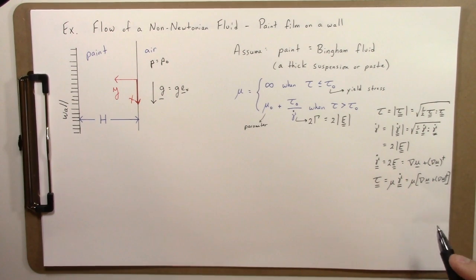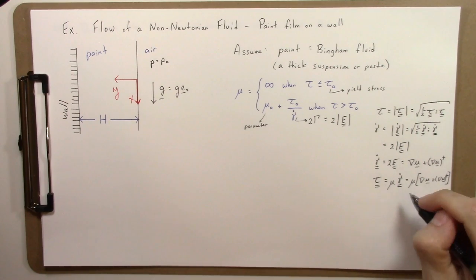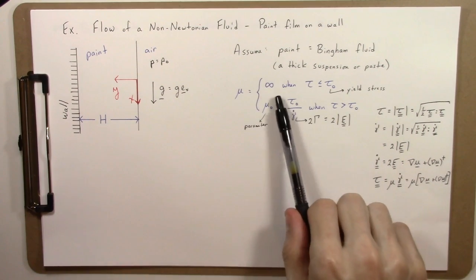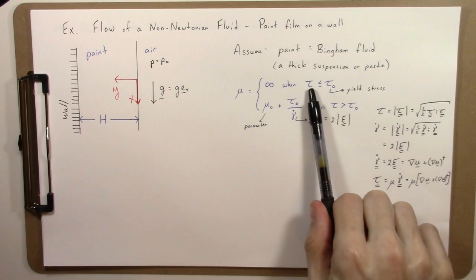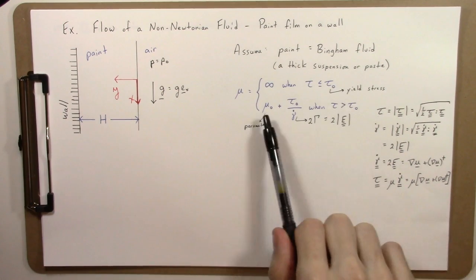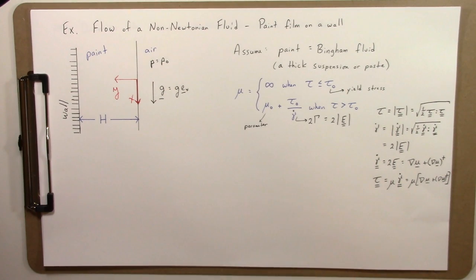The thing is that mu is obviously not constant. It takes this behavior here. It's either infinite, meaning solid behavior, if the magnitude of the stress tensor is less than the yield stress, and otherwise there is flow, and it takes this particular behavior as shown. As a result, because viscosity is not constant, we have to use the Cauchy momentum equation and not the Navier-Stokes equation to analyze this flow.